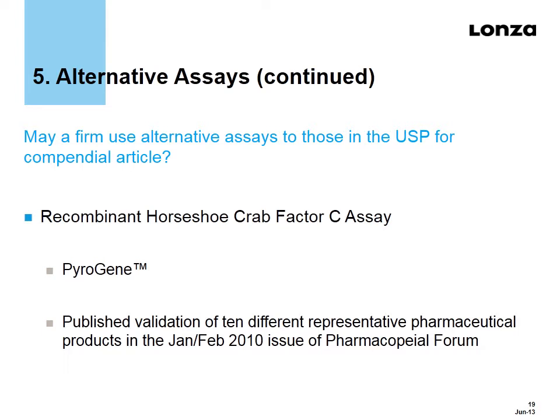Our data shows that Pyrogene works as good as or better than classical LAL methods when testing these products. Our validation went through the validation categories found in USP Chapter 1225. If you have not seen this article, a copy is available free of charge from the online Pharmacopoeia Forum of the United States Pharmacopoeia. There is a one-time registration fee to get access to this free online reference document.